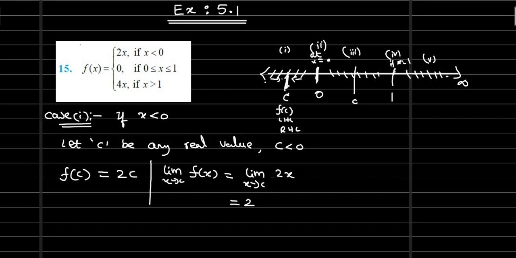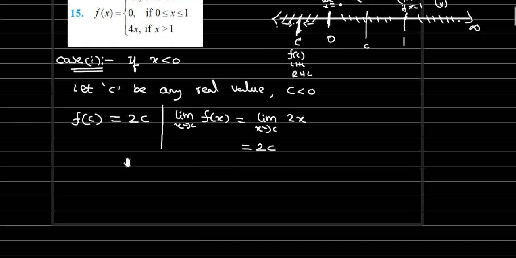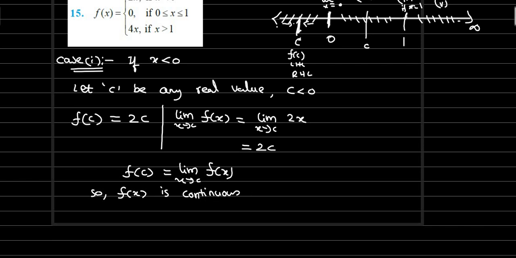Applying the limit, that is 2c. From these two conditions, f of c equals limit as x approaches c of f of x. So f of x is continuous if x is less than 0.